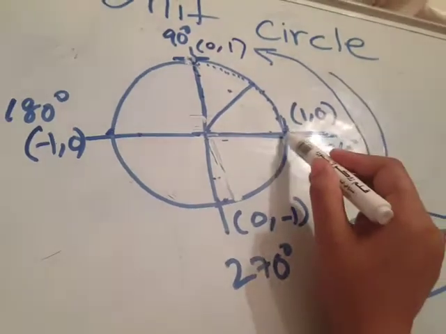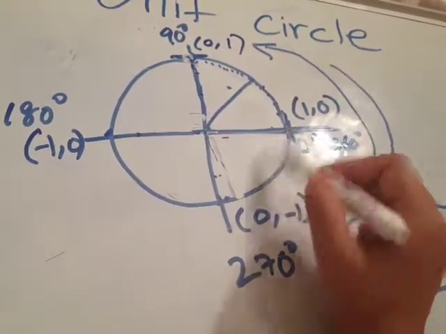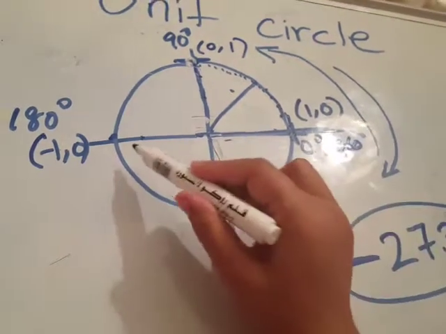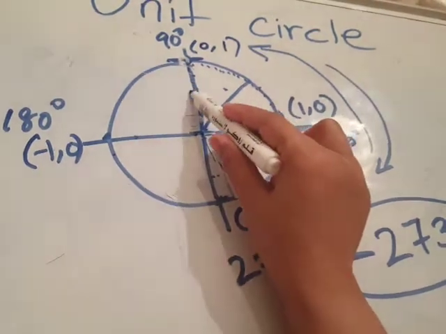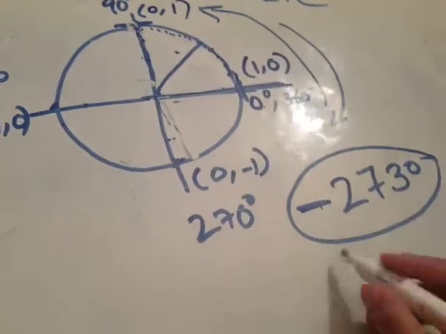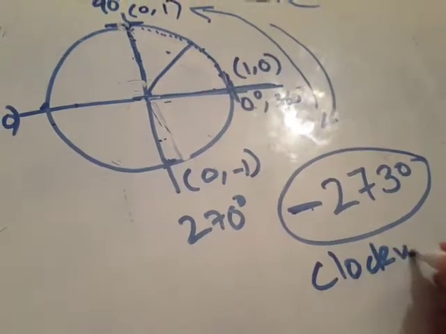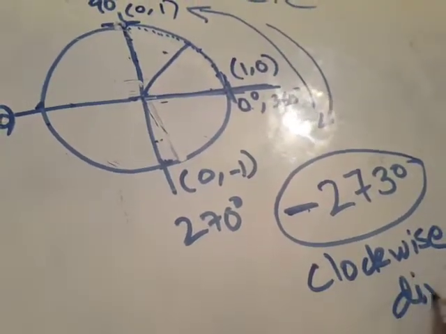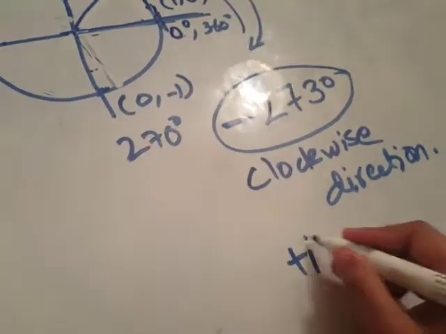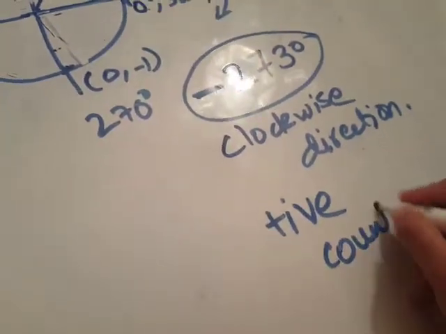Okay, so now from here, this is 0, this is 90 degrees, this is 180 degrees, and this is 270 degrees. You got the point that when it is negative, it means that now you have to move in the clockwise direction. And when it's positive, you are moving counterclockwise.